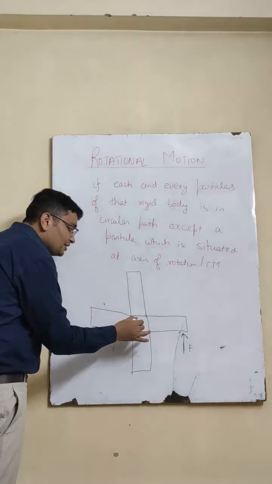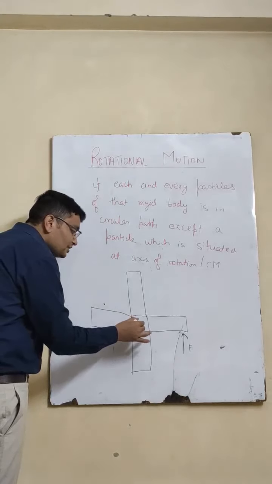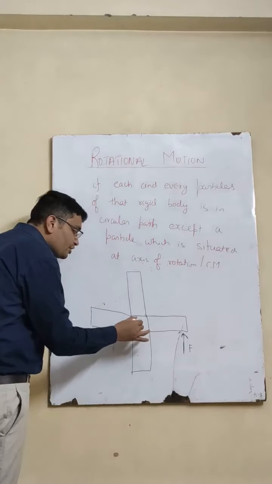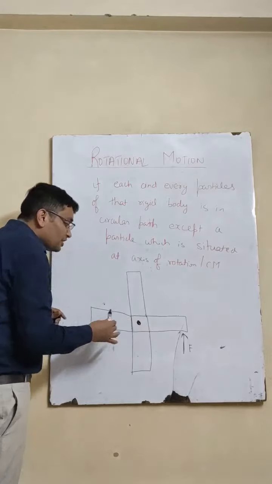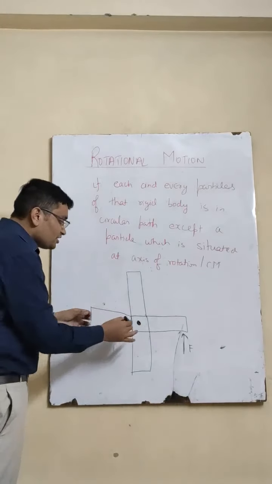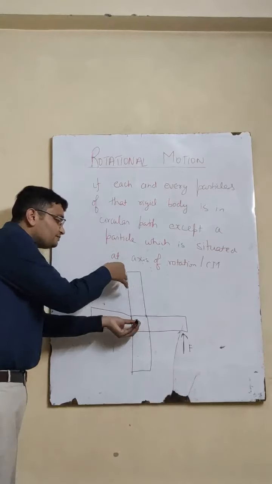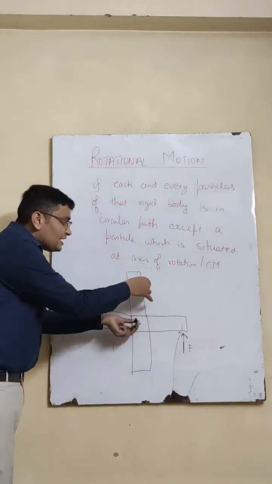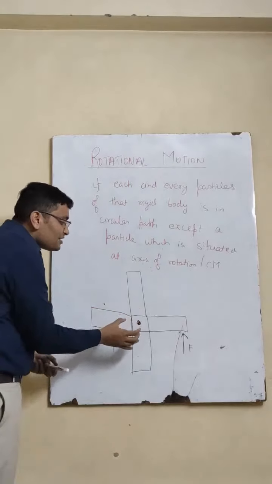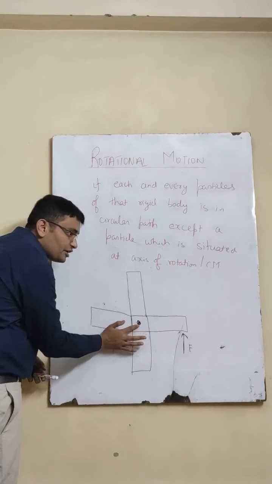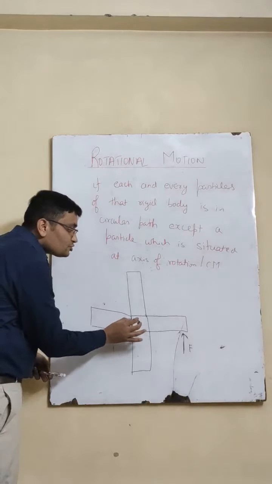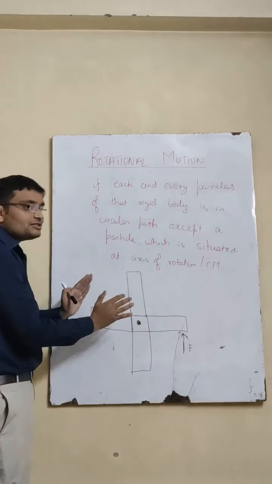While rotating, it rotates about a fixed point or an imaginary axis of rotation, which passes through a point, and this point is called the CM of the body, that is, the center of mass.